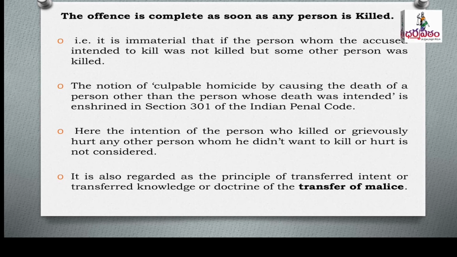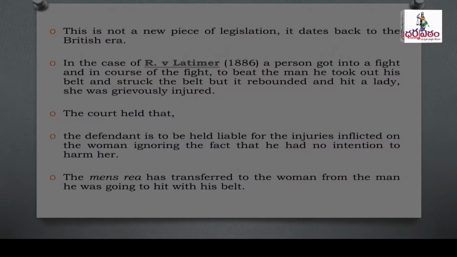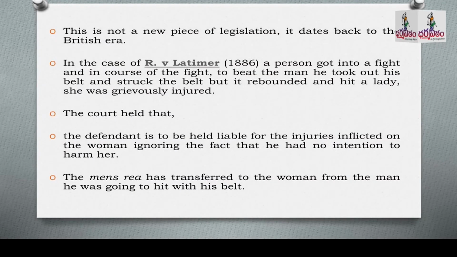And this is the case of R versus Latimer, 1886. Here a person got into a fight, and in the course of the fight, to beat the man, he took out his belt and struck with it, but it rebounded and hit a lady, and she was grievously injured. What are the facts of this case?